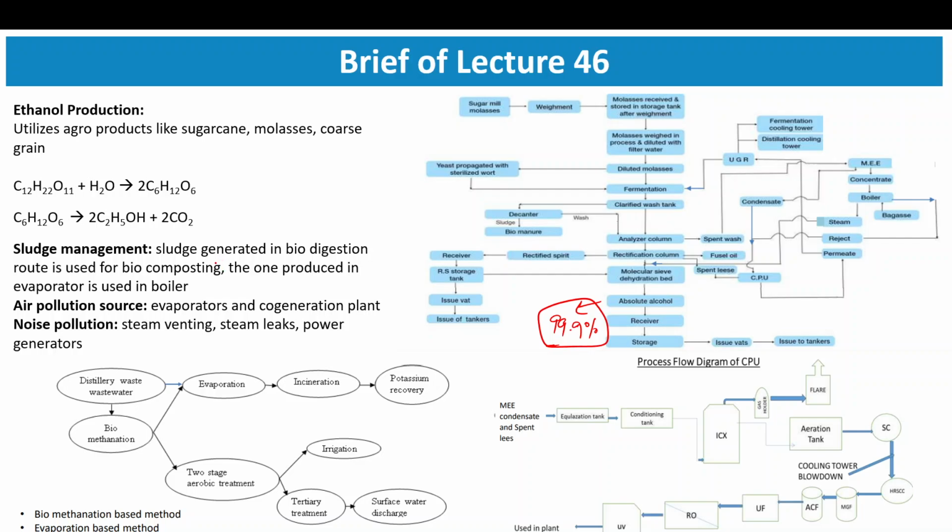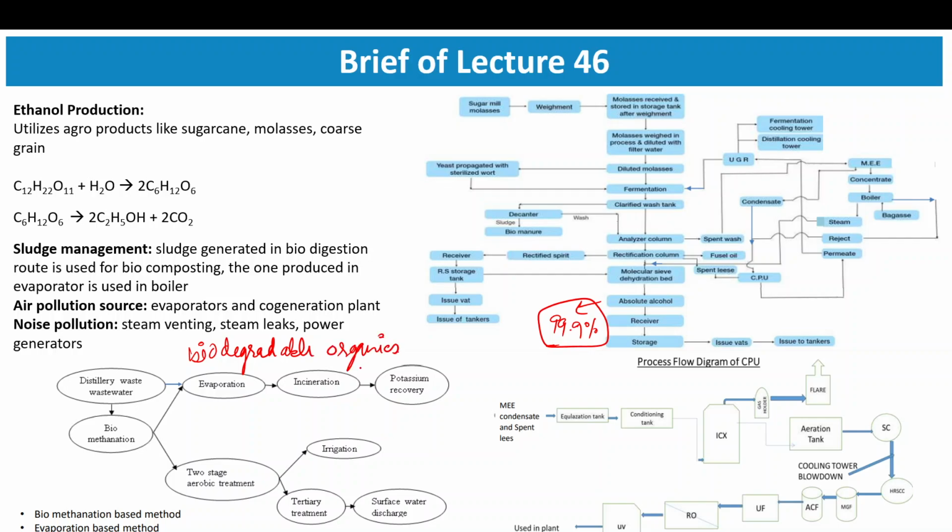So this is how you manage the sludge that is formed in the ethanol production industry. Next, if you talk about water purification, for whatever wastewater is generated, we can directly send it for evaporation and incineration, because you will see there are biodegradable organic components present in it.